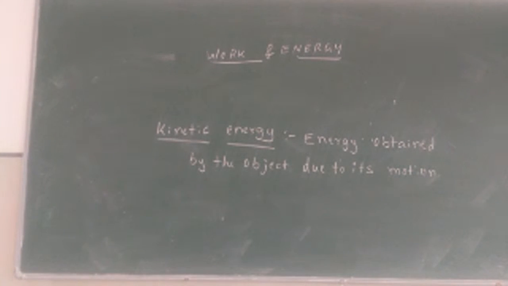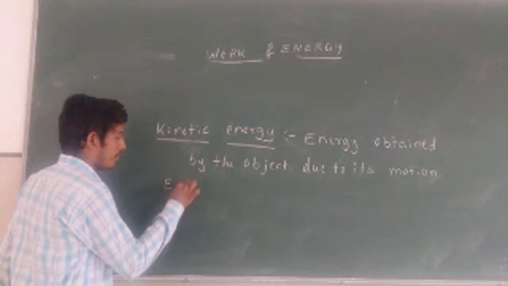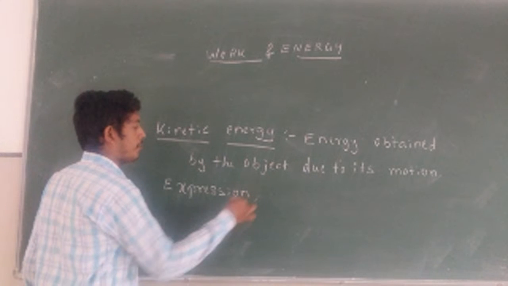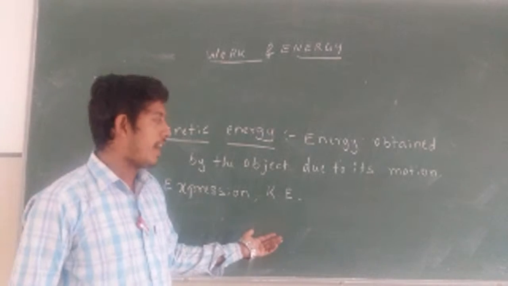The kinetic energy is energy obtained by the object due to its motion. Now the expression for kinetic energy. I will use the short form KE. KE means here kinetic energy.